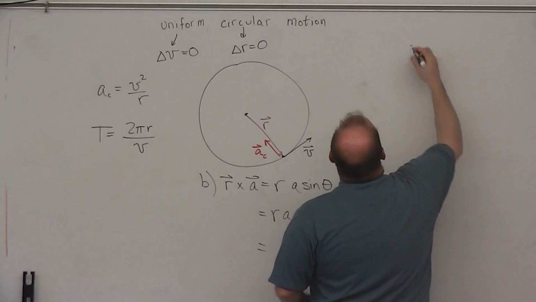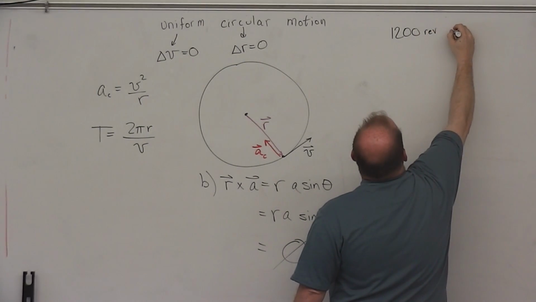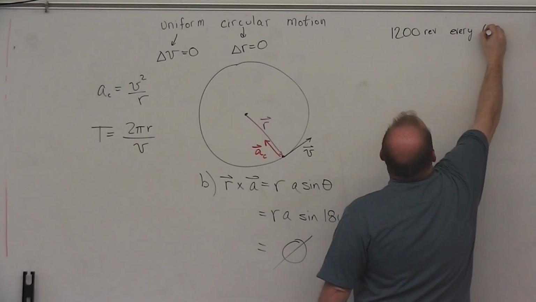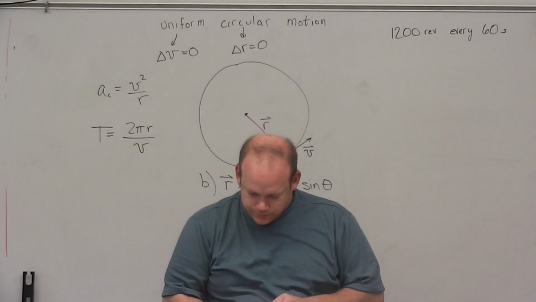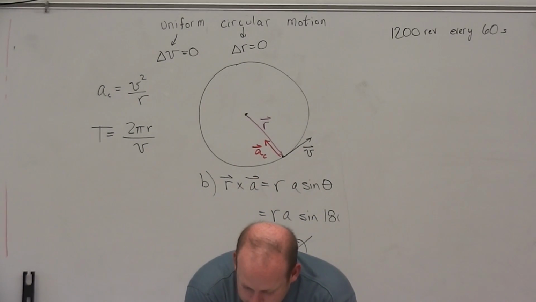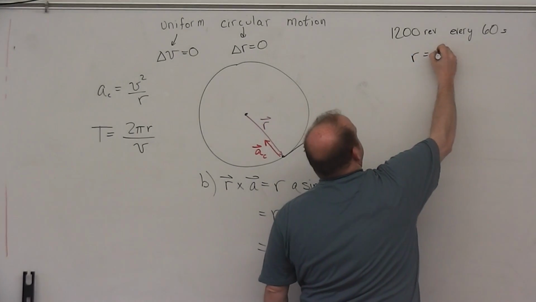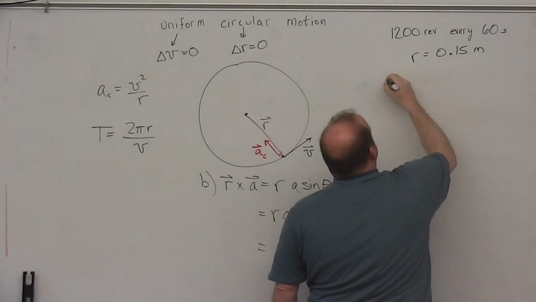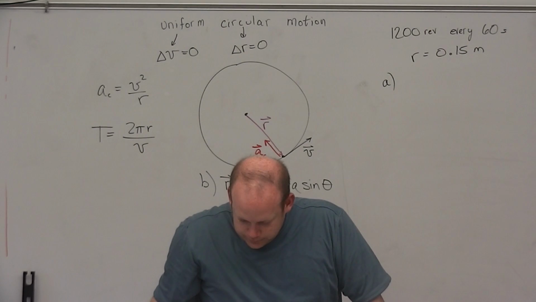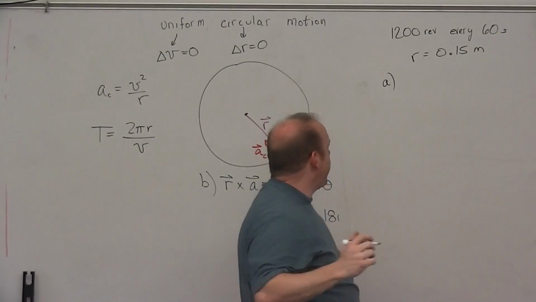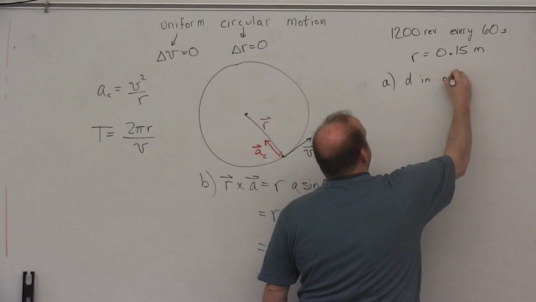So I get 1,200 revolutions every 60 seconds. Consider the tip of the blade at a radius of 0.15 meters. So I know that the radius will equal 0.15 meters. A, I want to know the distance in one revolution.